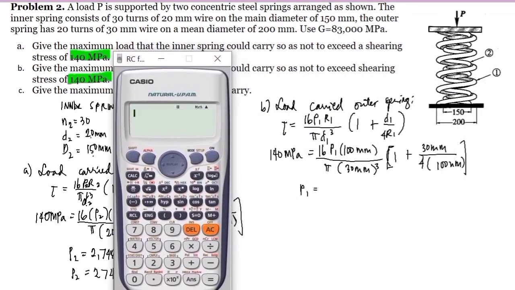Computing for the value of P1, we have 140 is equal to 16 times P1 times 100 over pi times 30 cubed, times 1 plus 30 over 4 times 100.